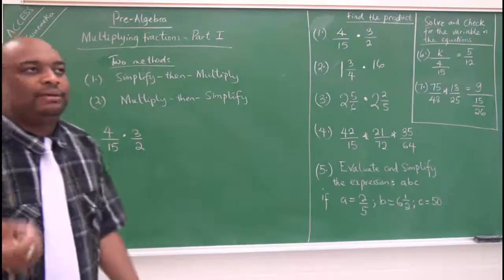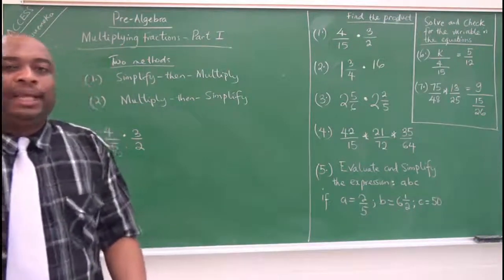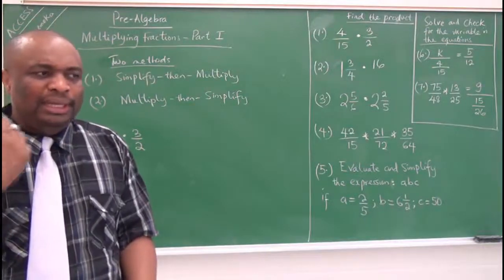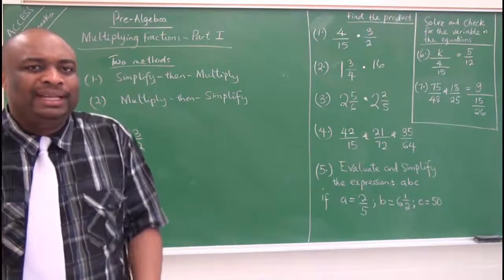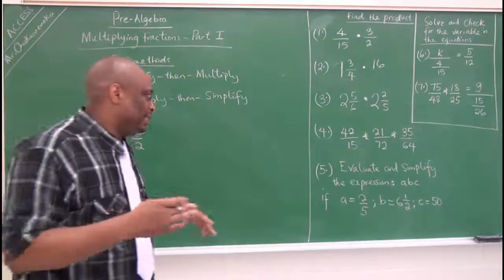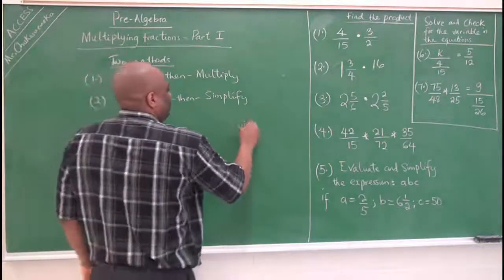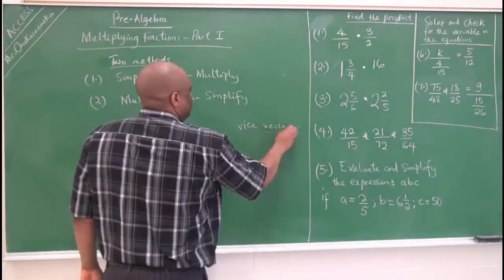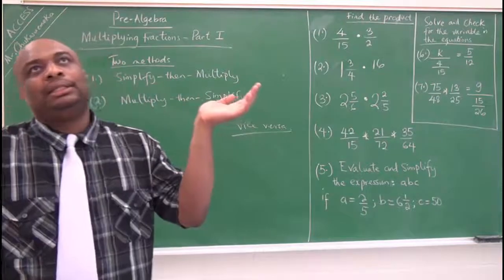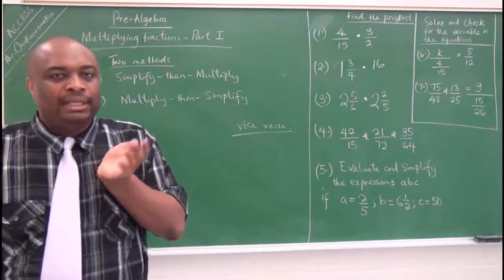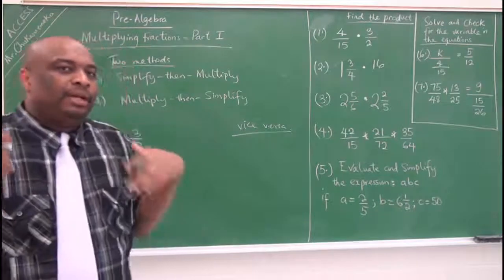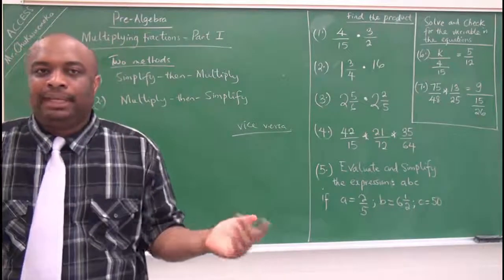So you ask yourself, is there something in the numerator that is a factor of something in the denominator, and vice versa? Vice versa means the other way around. Is there something in the numerator that can divide something in the denominator, or something in the denominator that can divide something in the numerator?